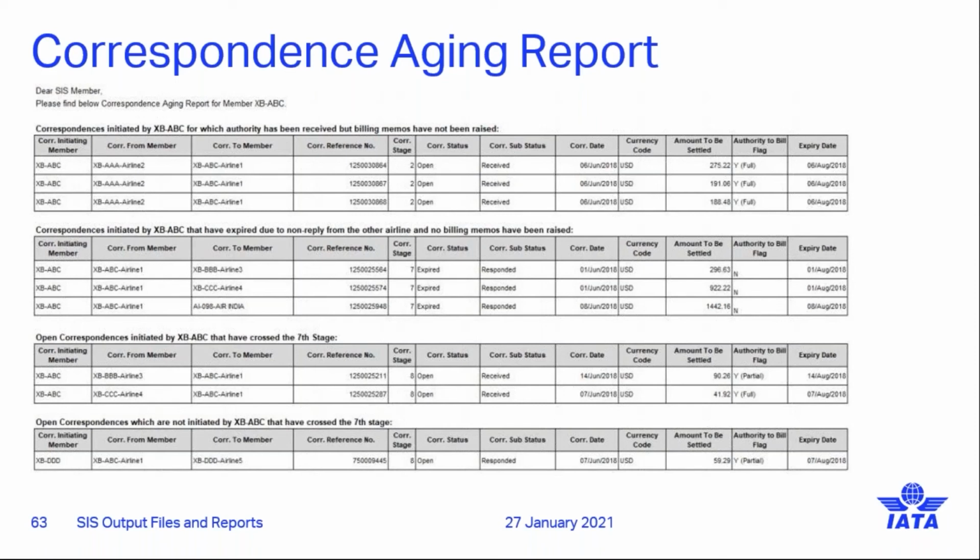Third point, all open correspondences initiated that have crossed the 7th stage along with the iteration and the value. And last point, all open correspondences received which are not initiated and which have crossed the 7th stage along with the iteration and value.